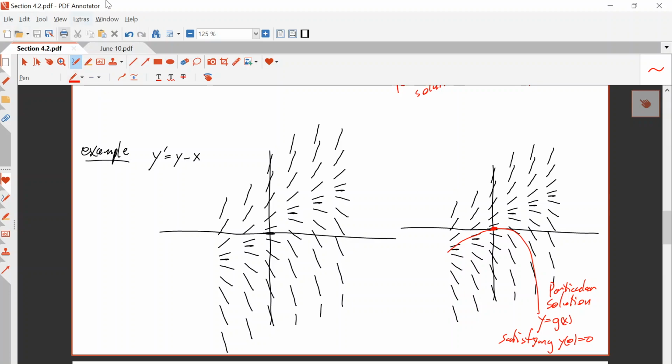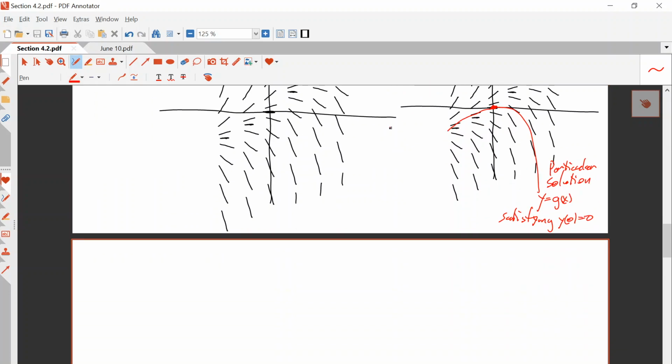Conceptually, they're nice, but they do give rise to one method for estimating solutions to differential equations. And if you can't solve it by other means, you can always estimate. And this is called Euler's method.